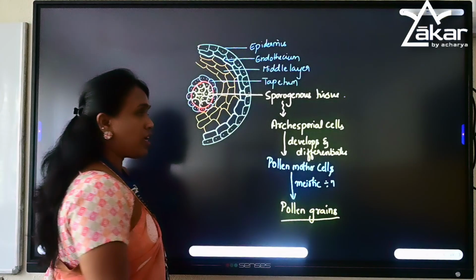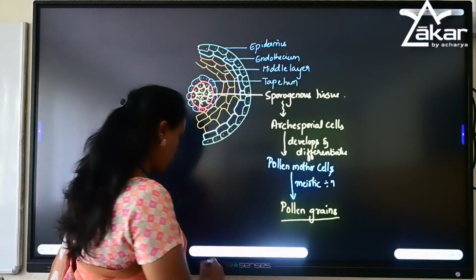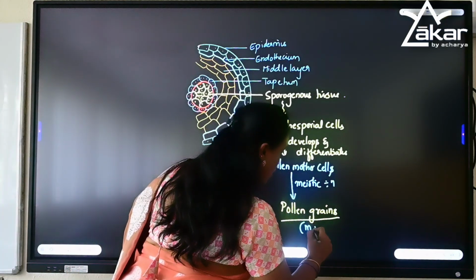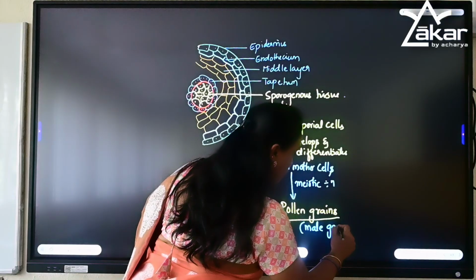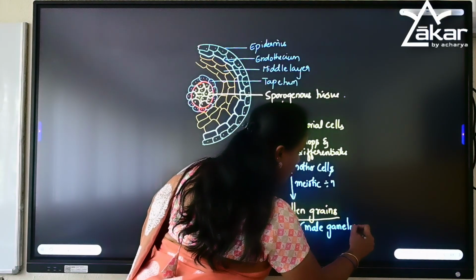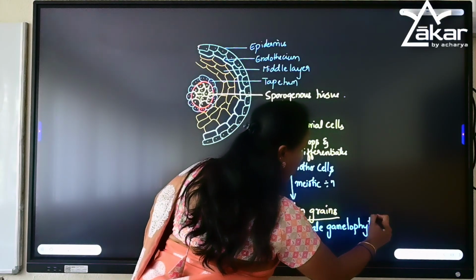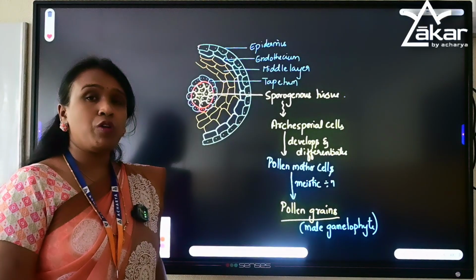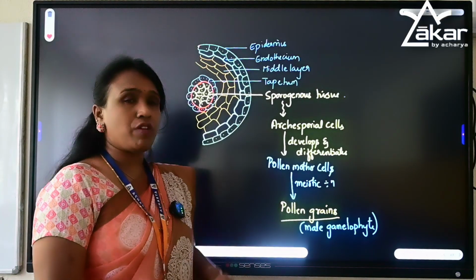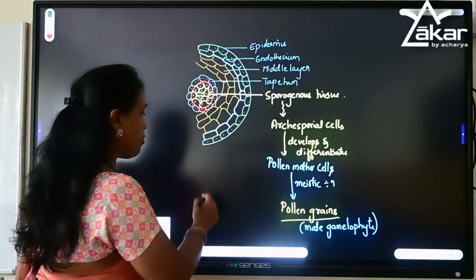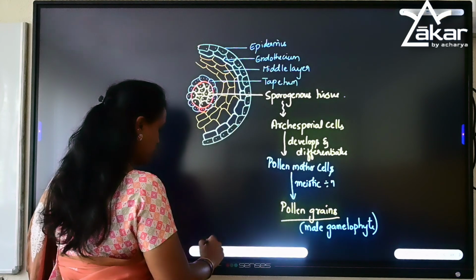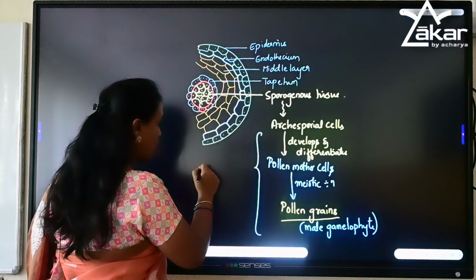What are pollen grains? They are the male gametophyte. The process of formation of male gametophyte from the pollen mother cells involving meiotic division is called microsporogenesis.